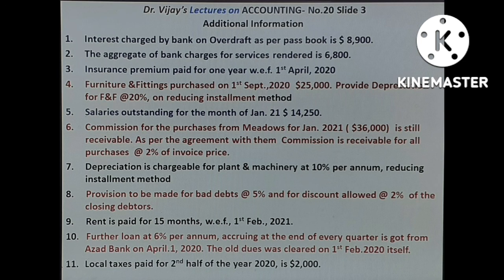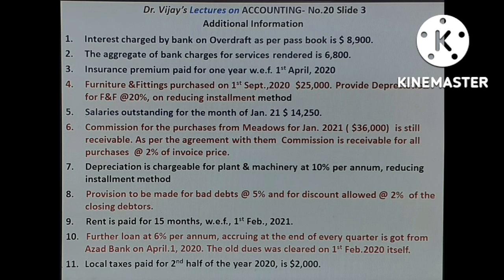There was an old dues from loan from Azad Bank that was cleared at the beginning of this period. New loan is raised only on April 1, 2020. So you need to calculate interest for that loan at 6% only for the period from April 1, 2020. And the last additional information is local taxes paid for second half of the year 2020 is 2,000.